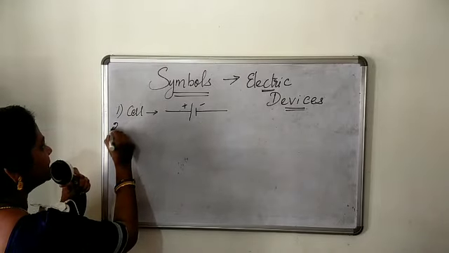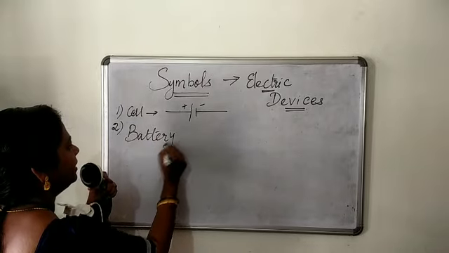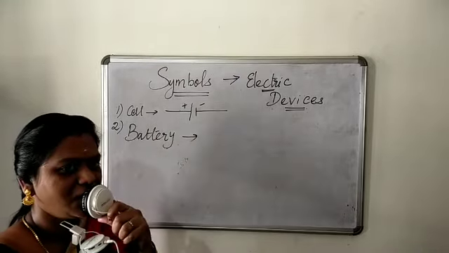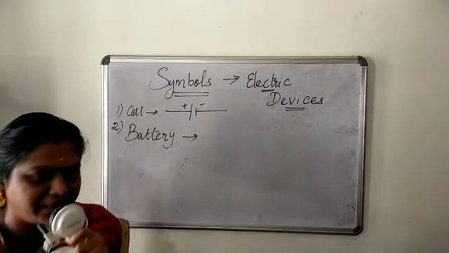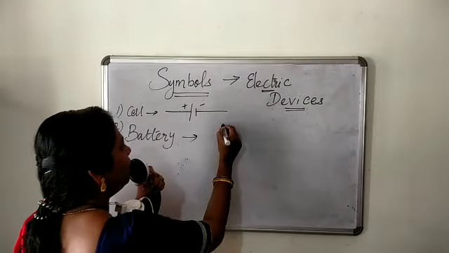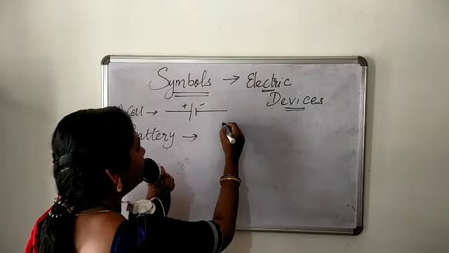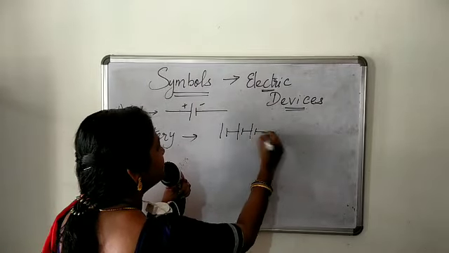Next we are going to see the battery. The battery is a combination of cells, that is more than two. That is one positive, one negative, again one positive, one negative, one positive, one negative.